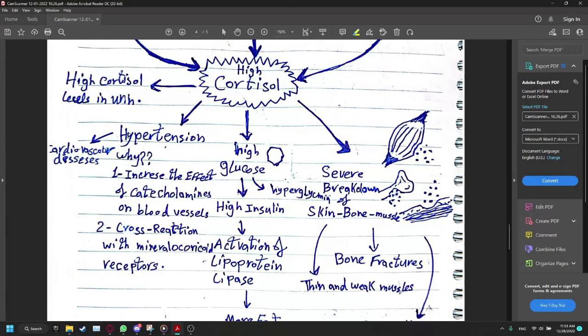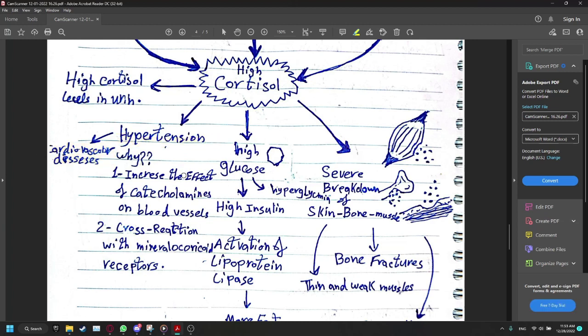It also triggers hypertension. Why is that? Because it increases the effect of catecholamines on the blood vessels. Sorry, cross relation with the mitochondria receptors. That's for you guys to read, I guess. So hypertension causes cardiovascular diseases.